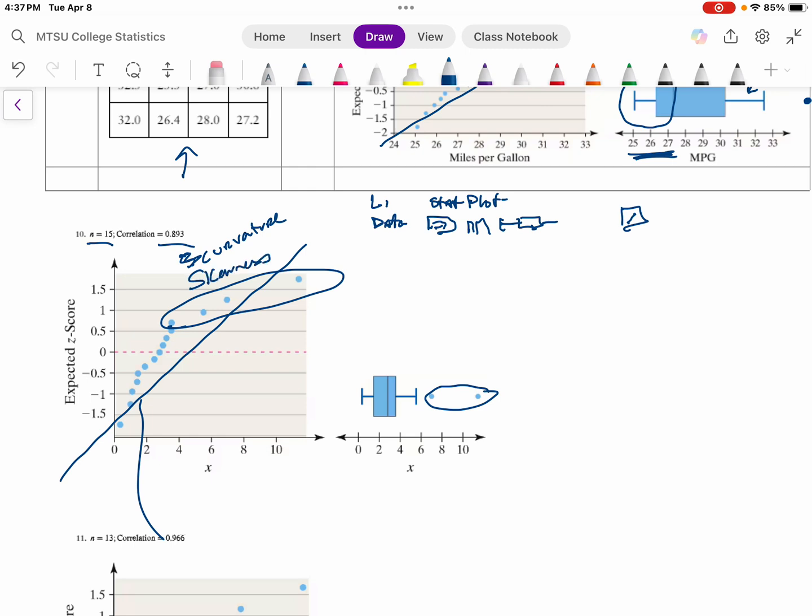So with our sample size of 15, I see some skewness and I definitely see outliers. I would say we don't meet the normal condition, so we don't go ahead and do a confidence interval for this.